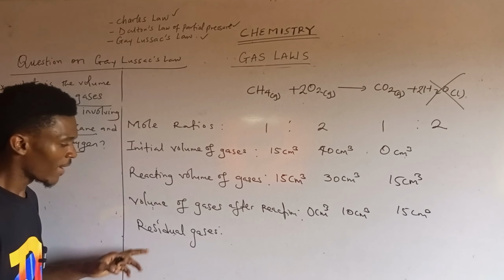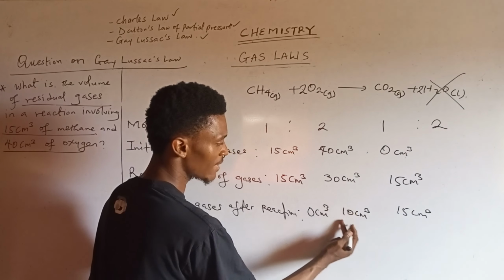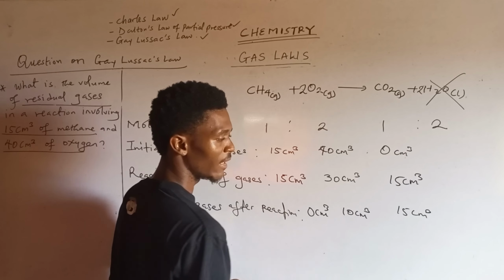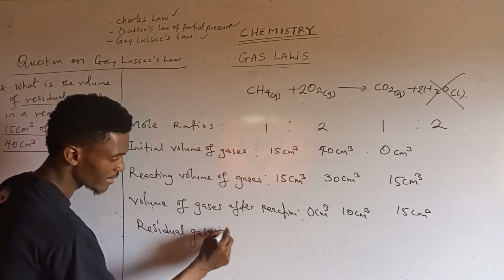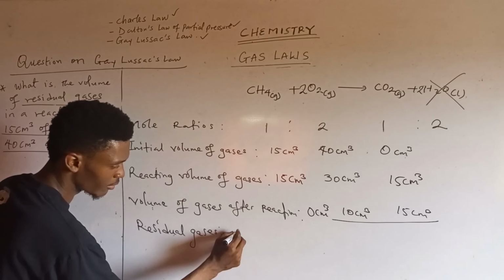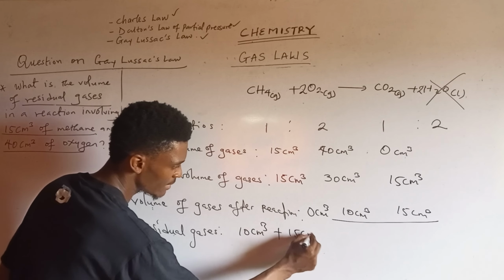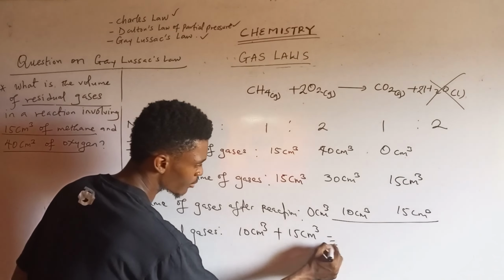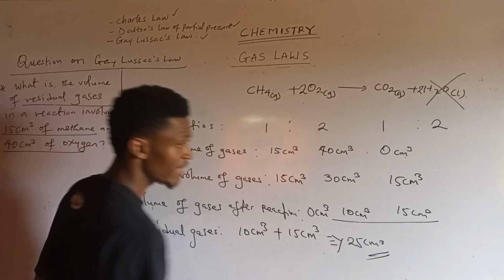Alright, so now how do you get the residual gas? You simply add up the excess gas that was left plus the gaseous product in terms of volume, and that becomes the residual gas. The gases that are now left in the medium become 10 cm³ plus 15 cm³, and that gives us what? 25 cm³.